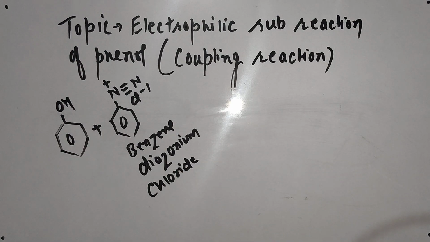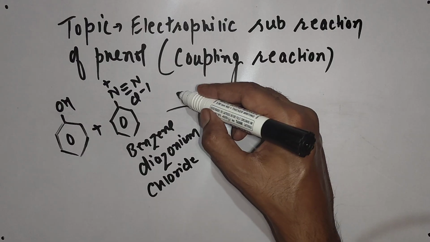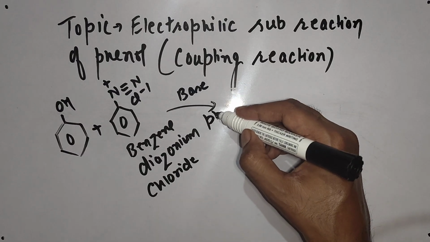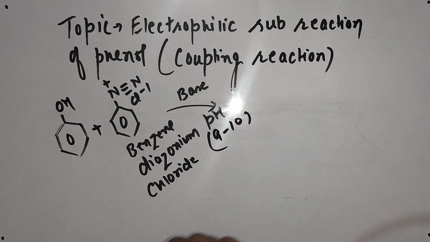And this is our phenol. This reaction will be carried out in the presence of base. The pH level will be maintained at 9 to 10, meaning a basic medium is required to perform this reaction.